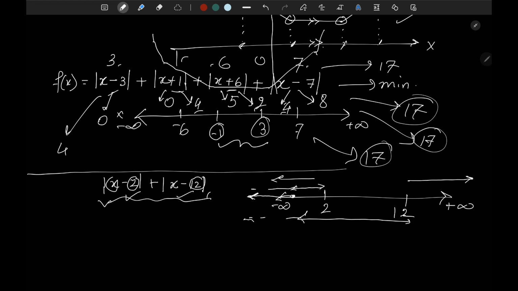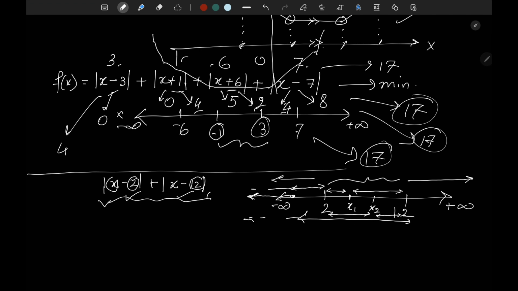Only in the case of the interval within 2 and 12, if you take a point here, x1 suppose, your distance is this from 2 and from 12 is this, right? If you take x2, similar case, distance from 2 is this, from 12 is this.